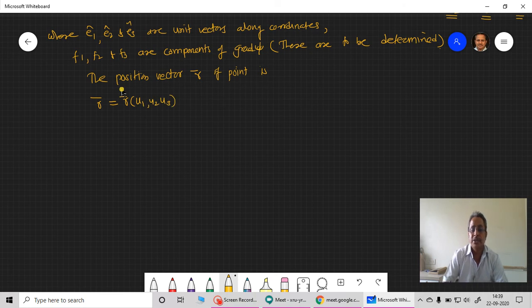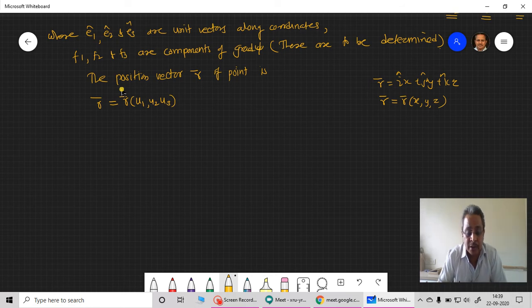This is a vector relationship. In our Cartesian coordinates it is i x plus j y plus k z. I, j, k are unit vectors, and x, y and z are the components of r bar along the x, y and z directions. Same here in the curvilinear coordinate system: u1, u2 and u3 are the three coordinates, and therefore this vector relationship in curvilinear coordinates is written by this.